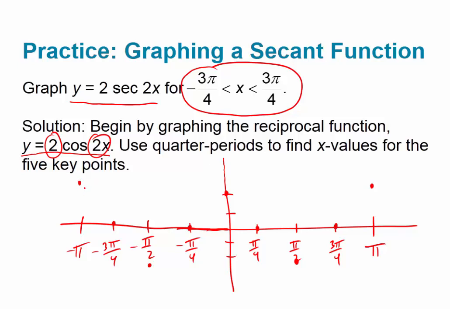So now let's go ahead and sketch in the graph of the cosine here. Okay, every place the cosine becomes 0 is where we're going to get our asymptotes.